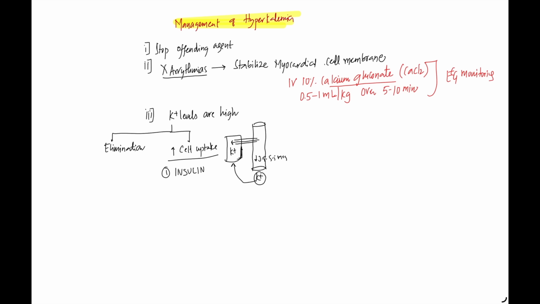Similarly, the same work is also done by beta agonists. Which beta agonists do we use? Short acting beta agonists like salbutamol, or long acting ones like terbutaline. In asthmatic cases, if they use too much of these, they can land up in hypokalemia because of cellular uptake.